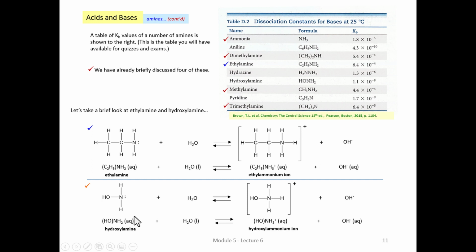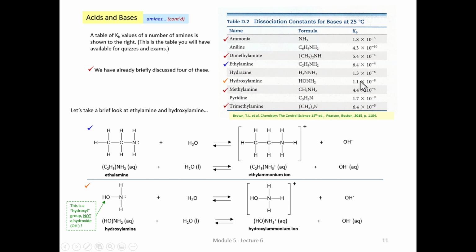The second one we want to just point out in passing here is hydroxylamine, right here on the list. And hydroxylamine is an ammonia where one of the hydrogens has been substituted off with a hydroxyl group. That's not a hydroxide ion, that's called a hydroxyl group, which you've seen before on carboxylic acids. And just like these other amines, it can interact with water, form the hydroxyl ammonium ion and hydroxide.